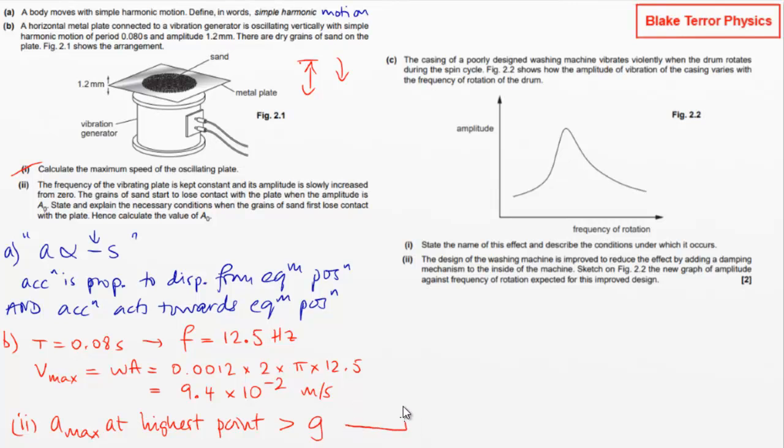So we want to put something in here. So we can say at highest point, the plate and grains are stationary.